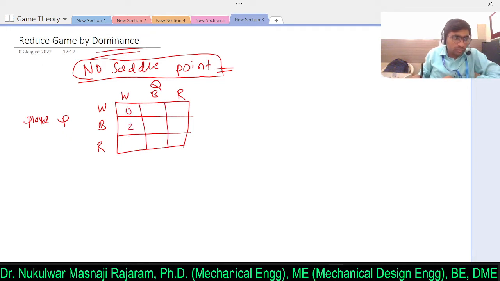Values are 2, 3, minus 2, 5, minus 3, 7, 6, 8. So this is the problem statement.